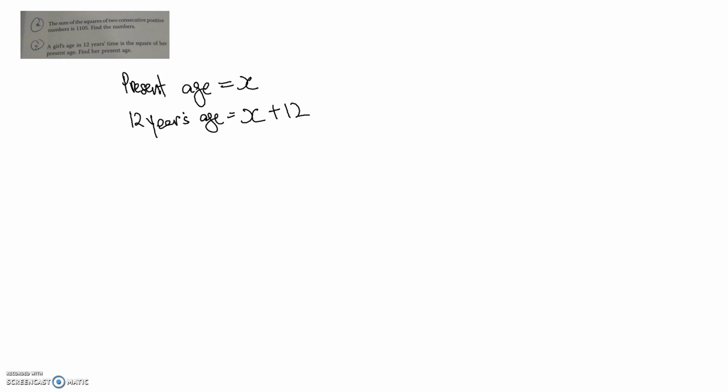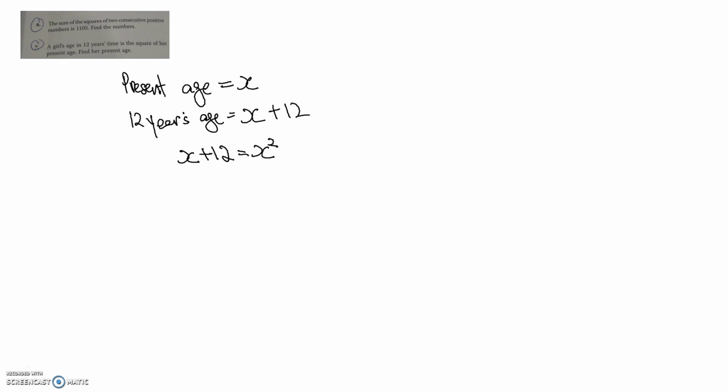Let us look at the question again. A girl's age in 12 years' time is the square of her present age.